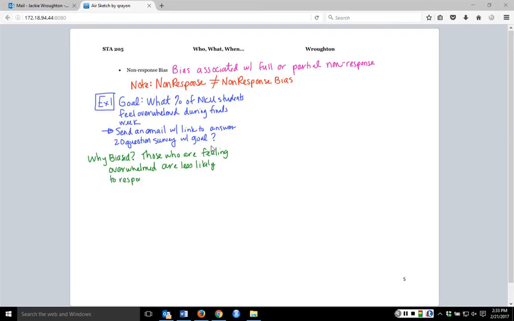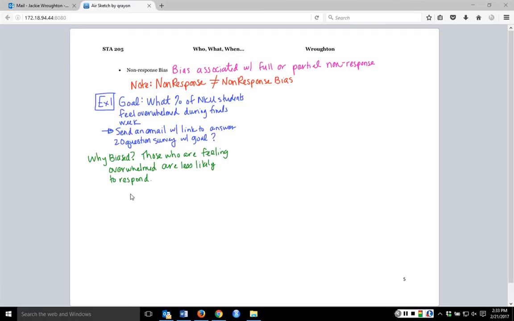So when I actually look at my data, it's like, oh, students aren't feeling very overwhelmed. Well, why does that seem to be? Because those who were feeling overwhelmed didn't take the time to fill out the survey because they were feeling overwhelmed. Right, there's that intentionality of that missing group, this bias that's related to the question by who is not responding.